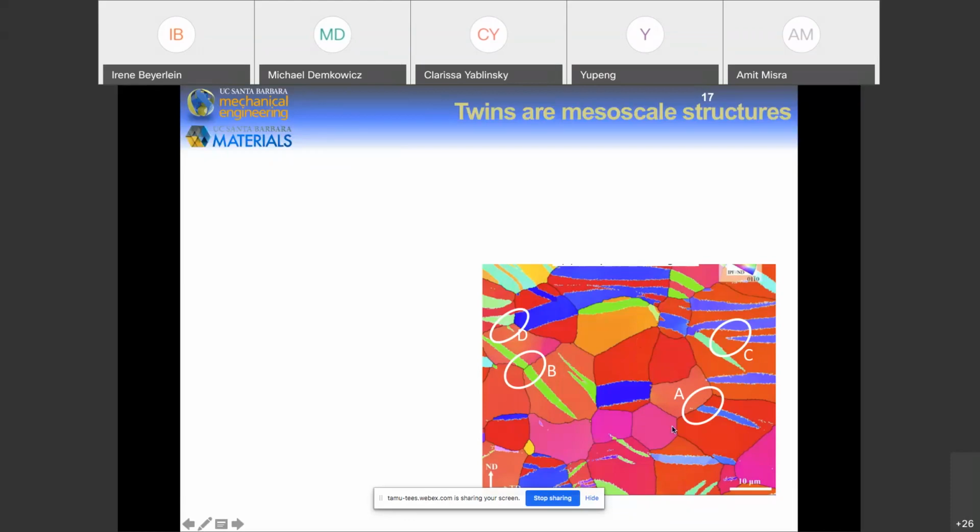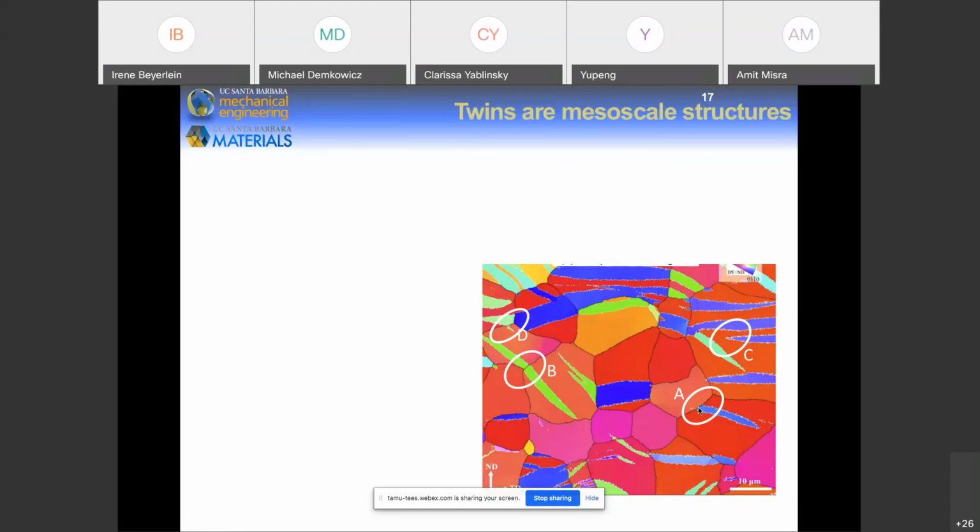Typically, what would be nice is if an image like this is accompanied by a histogram of the different twin variants, the different twin types, or a misorientation histogram to point out where you have spikes in certain misorientations, which can also give you an idea or proof of the type of twins they are. But this is just additional information on their microstructural features.